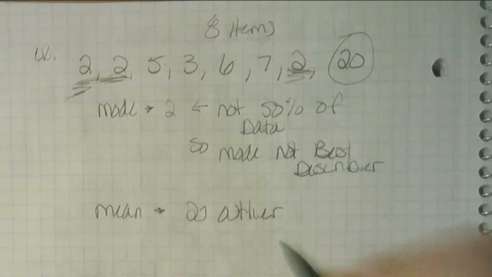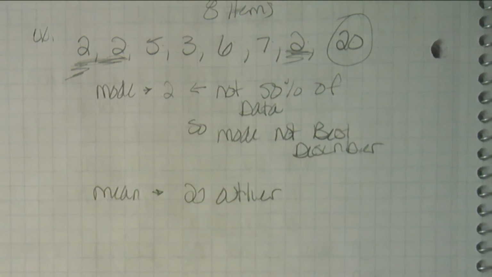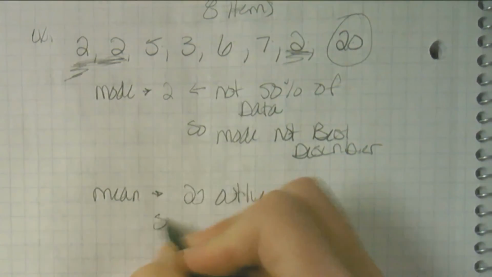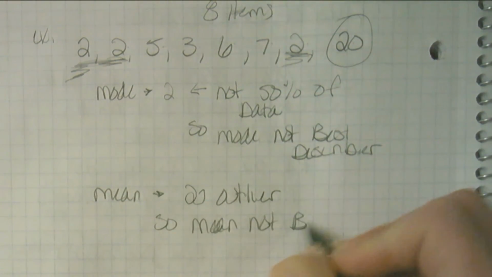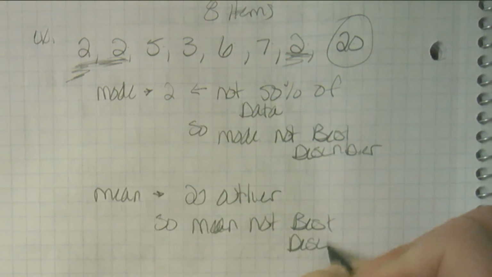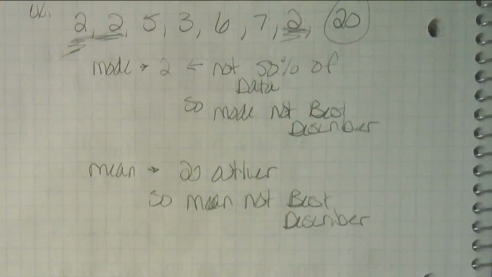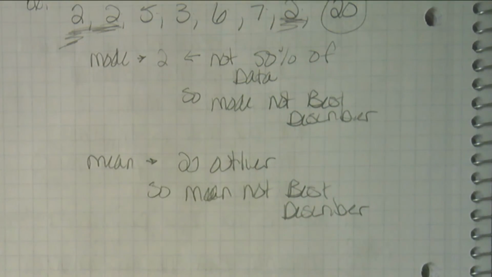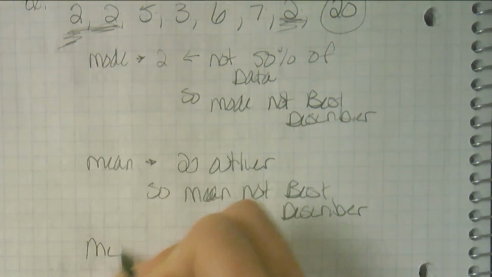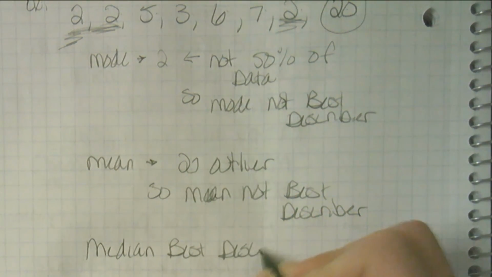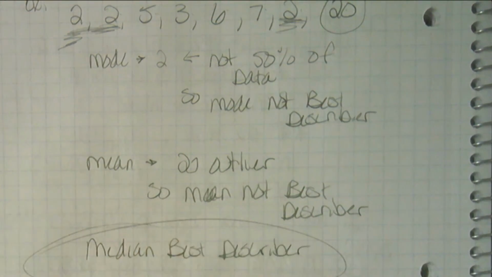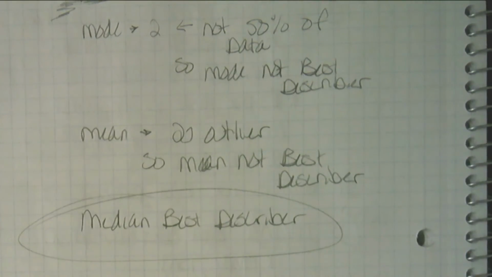So can mean be my best describer? Morgan? No, we have an outlier. So, mean, not best describer. So what does that mean our best describer has to be, Lawrence? Median. Median, best describer. So if I give you, when you read this, and I say to you, what is the best describer?